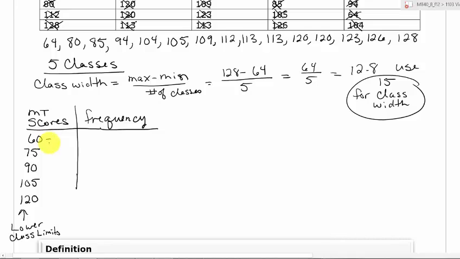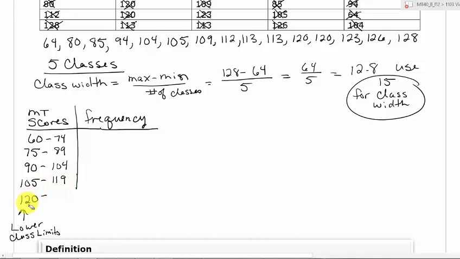And now I want to list the upper class limits. So the upper class limit is going to be one less than the next lower class limit. So it's going to go from 60 to 74, and then from 75 to 89, and then from 90 to 104, and then from 105 to 119.